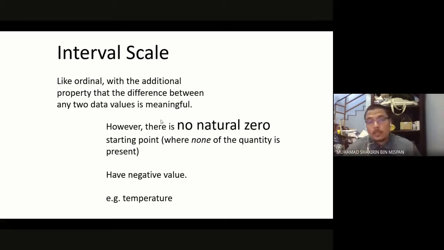Okay, the most common type of interval scale is temperature. Temperature is an interval scale with no natural zero, because it has no true starting point. For instance, temperature in Celsius: when you have 0 degrees Celsius, it doesn't mean that you have zero temperature.